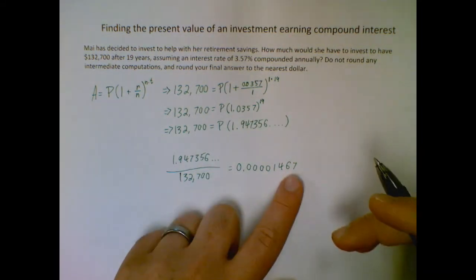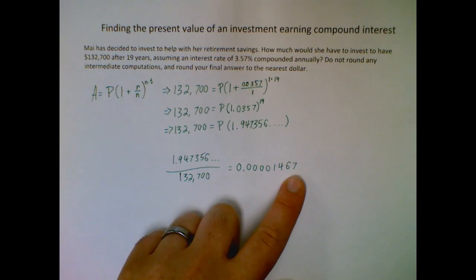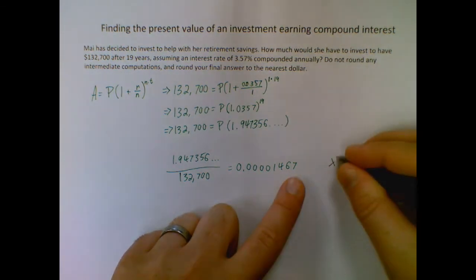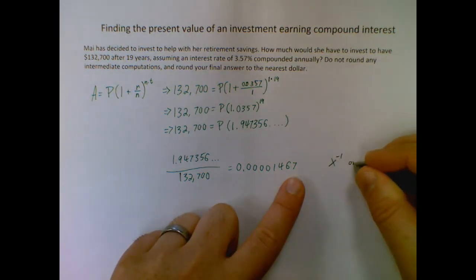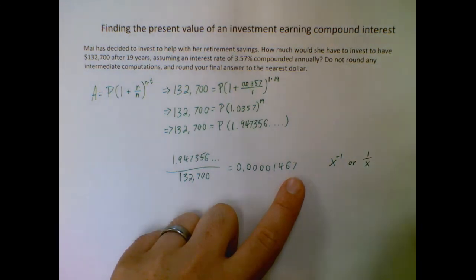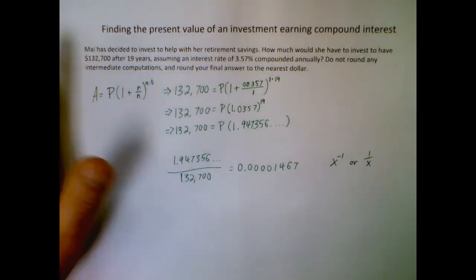So what you should have is there should be a button somewhere that either says x to the negative first or 1 divided by x, something like that. So either this or this. That will flip your number.